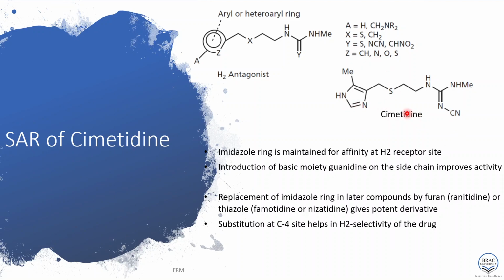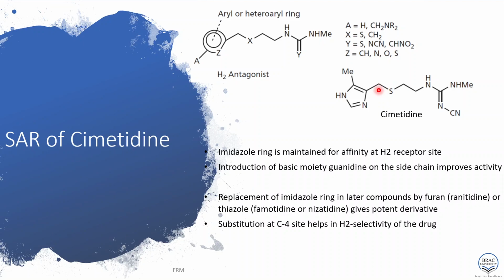So substitution at the C4 site helps the selectivity of the compound or drug. So this is carbon 1, carbon 2, carbon 3, carbon 4. So this is substitution in this position.